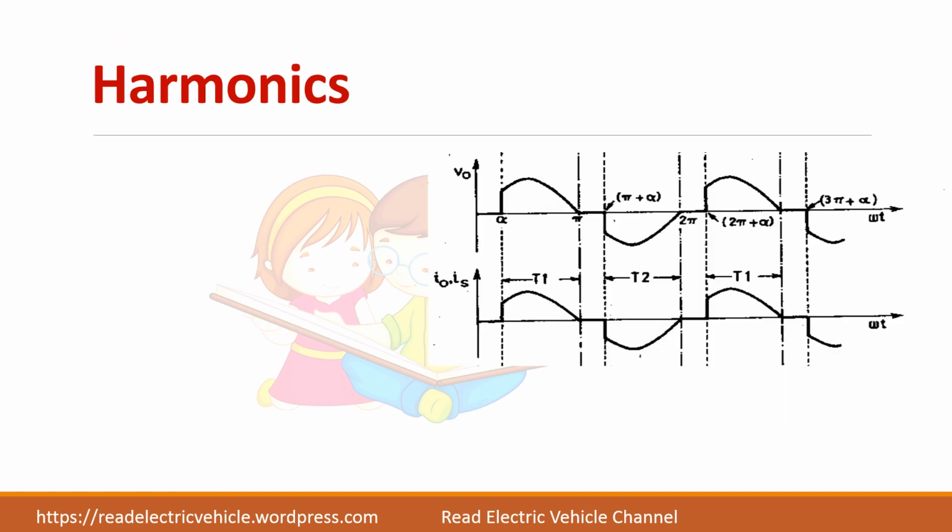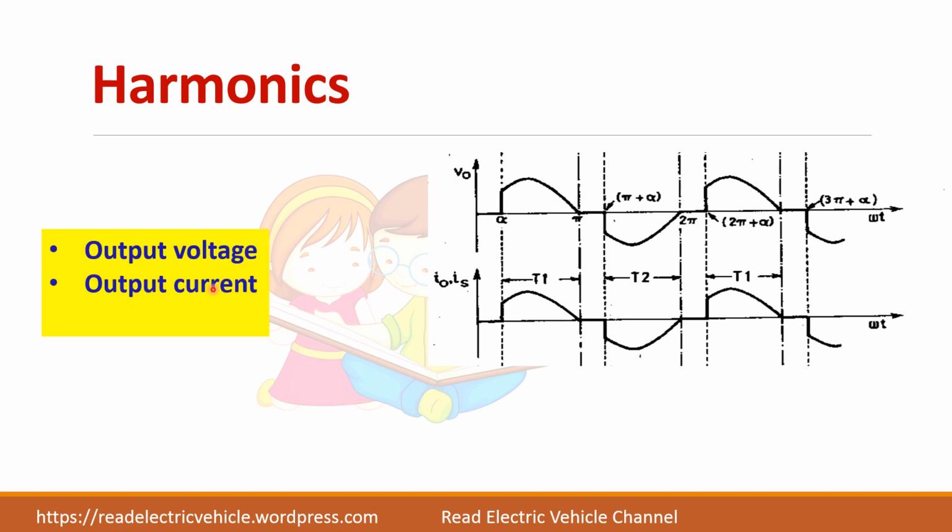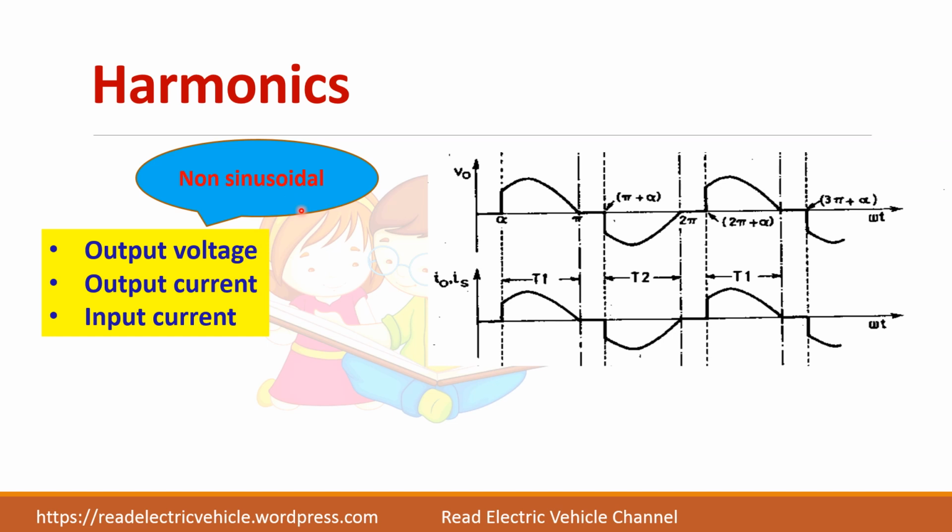Let us see about harmonics in the waveform. So you see here the output voltage, output current and input current. In all the three waveforms from 0 to alpha, there is no output. It is 0. So the waveform is not sinusoidal. So it is a non-sinusoidal waveform.